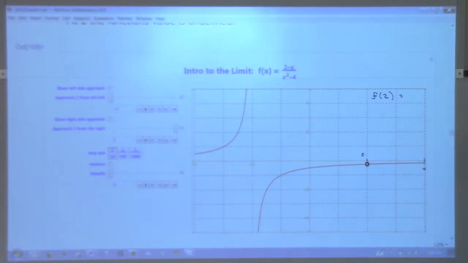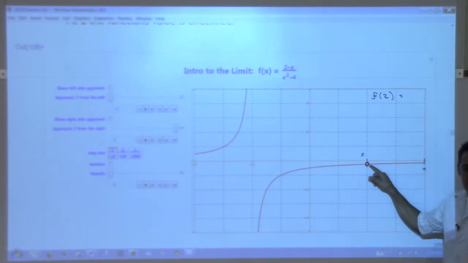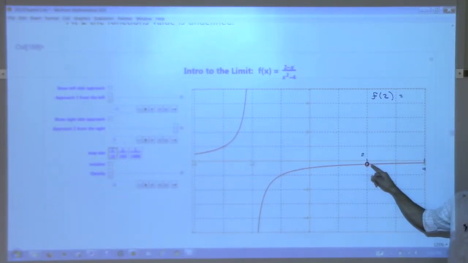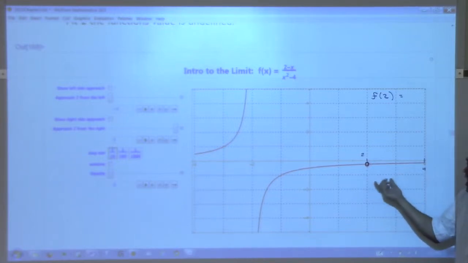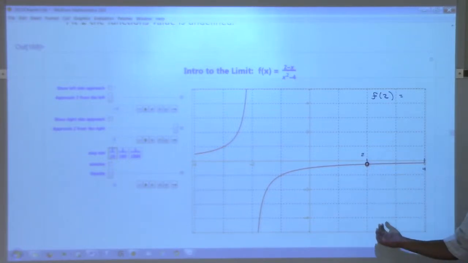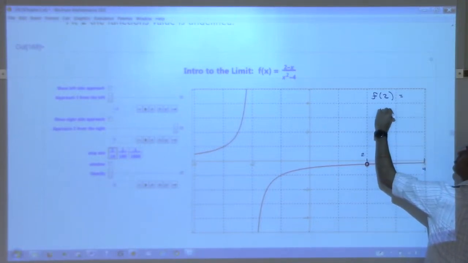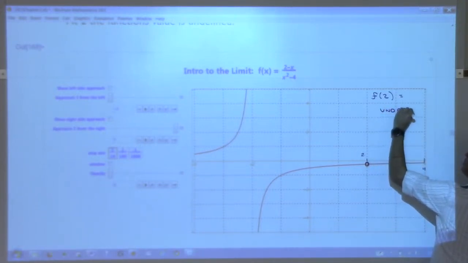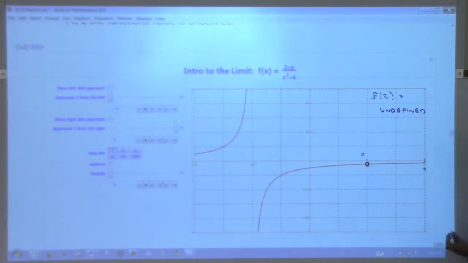I'm sorry, but just the way it all worked out. If there's nothing there, then the function would be what at 2? Undefined. Do y'all agree? Yes. There's no dot at 2, so it's an undefined function at 2. It's a hole, exactly. That is a hole in the graph.